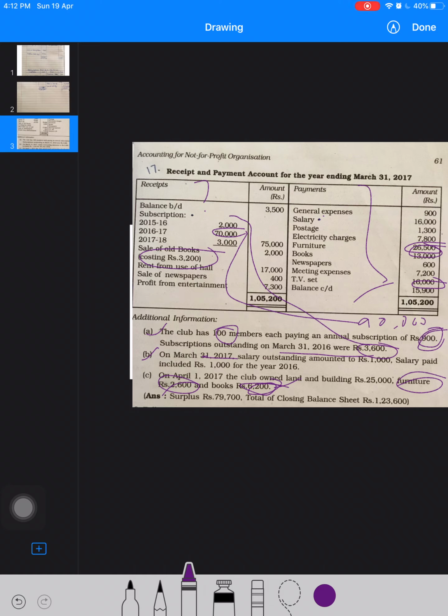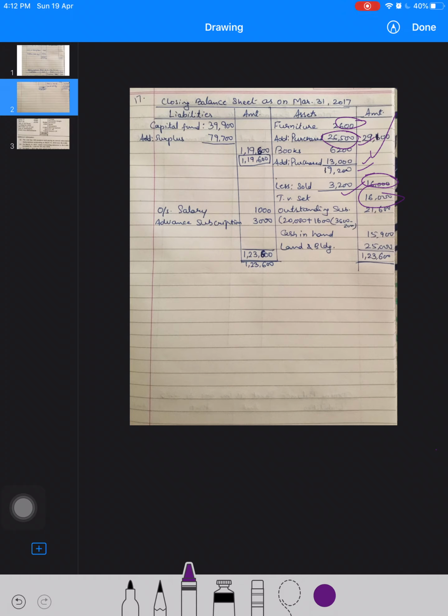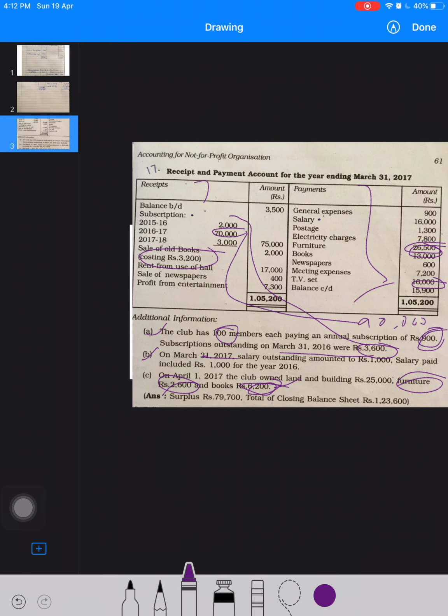Out of 3600 the club received only 2000, so 1600 is yet to be received. Total outstanding 20,000 means 90,000 minus 70,000, and 1600 is actually of last year. So this year your total outstanding is coming to 21,600. Hope this is clear now. This is only a little tricky adjustment.